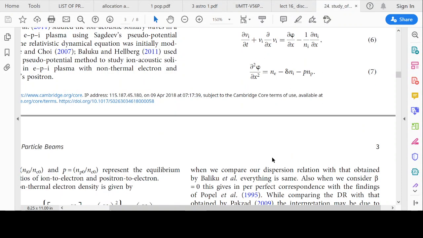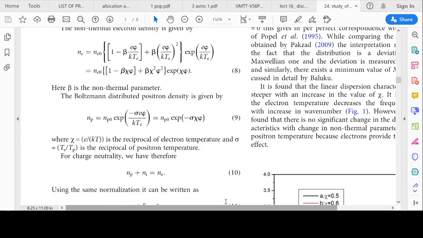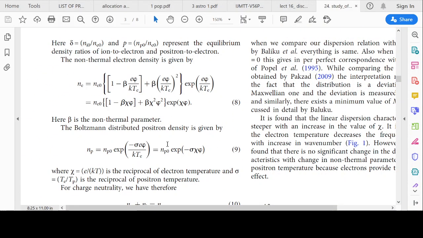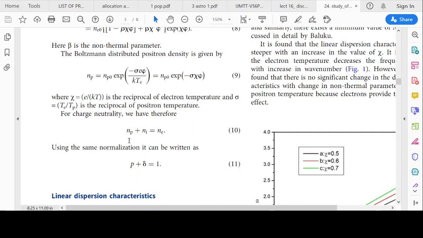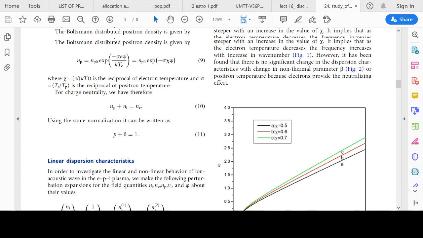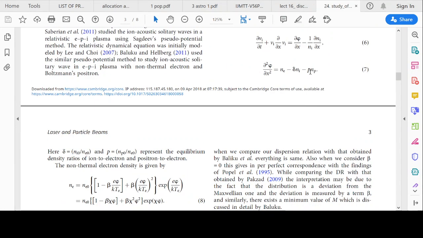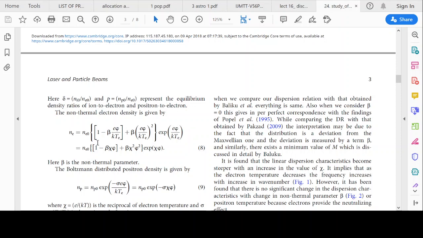So you get these things, and finally you see what he has done. He has taken the particle density and put it in the normalized set of equations, and in the Poisson's equation they have just substituted Ni, Np, Ne. You see, Ne is the electron density.